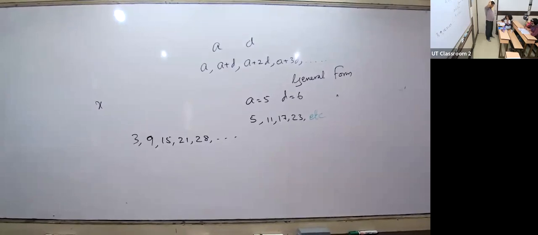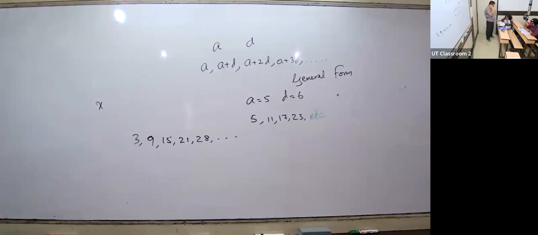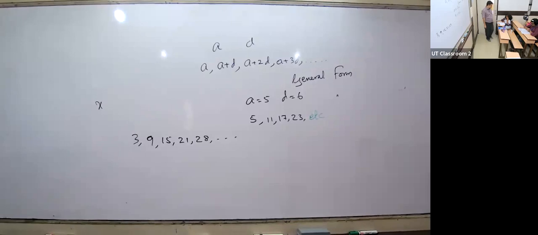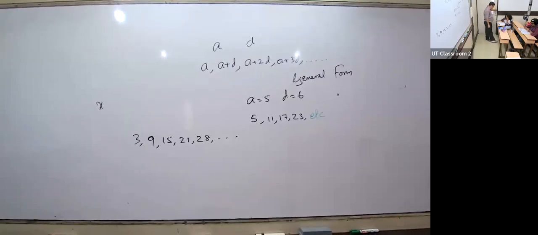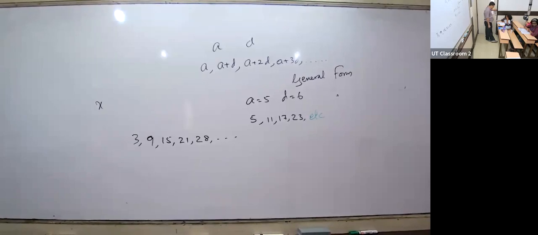The terms of an AP are generally denoted by a1, a2, a3, and so on. First term a1 equals A, second term a2 equals A plus D, third term a3 equals A plus 2D, and so on.